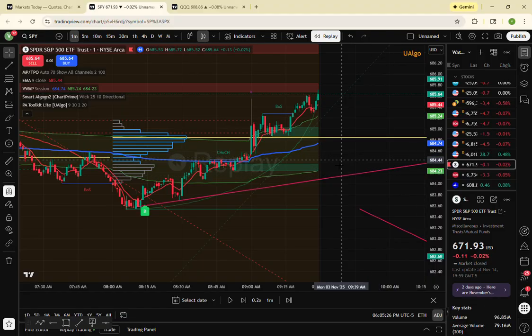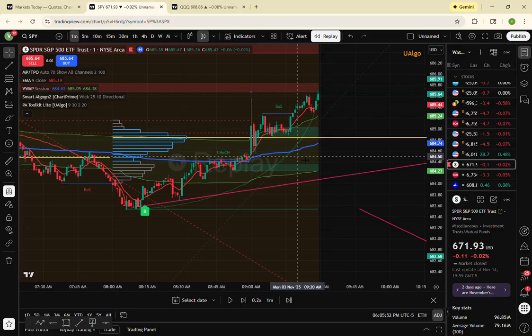If the price is above VWAP, you should pay attention to it. When price goes above VWAP, that's when you should trade. I'm not saying that is when you should enter the trade, but it tells you price is going up.